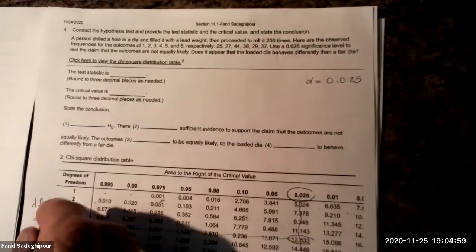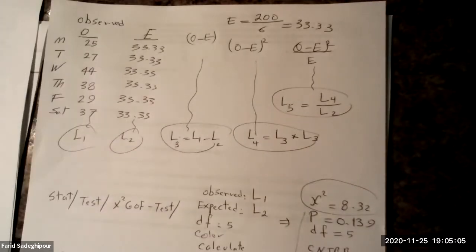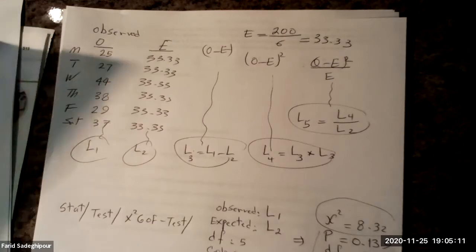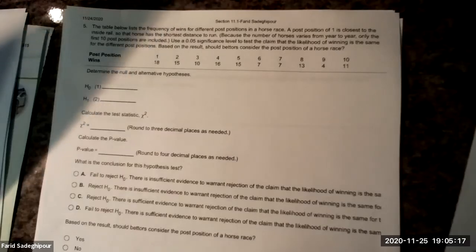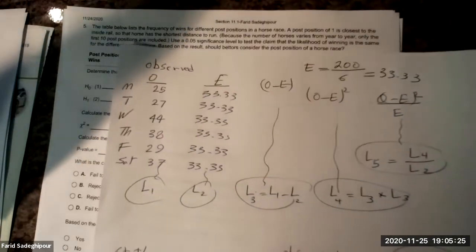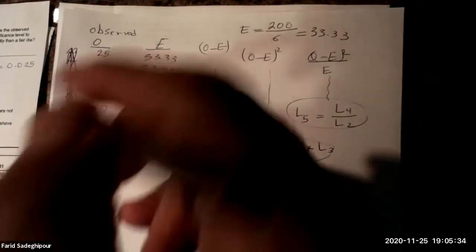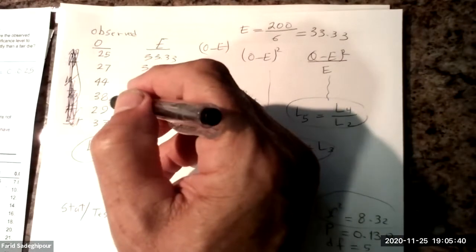As far as finding the numbers, I listed all of them here. So what I do, I have the observed frequencies 25, 27, 44, 38, 29.